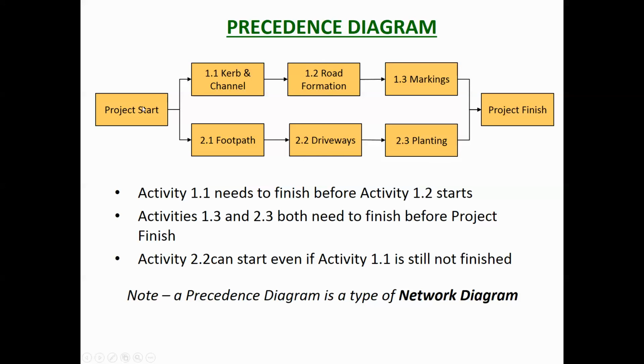But each one of these, apart from the start and the finish, has at least one predecessor and one successor. Now the other thing to note is that 2.2 driveways is not related to 1.1 curb and channel. So the 2.2 driveways can actually go ahead even if 1.1 curb and channel is not completed or hasn't even been started, because there's no dependency relationship between these two activities.